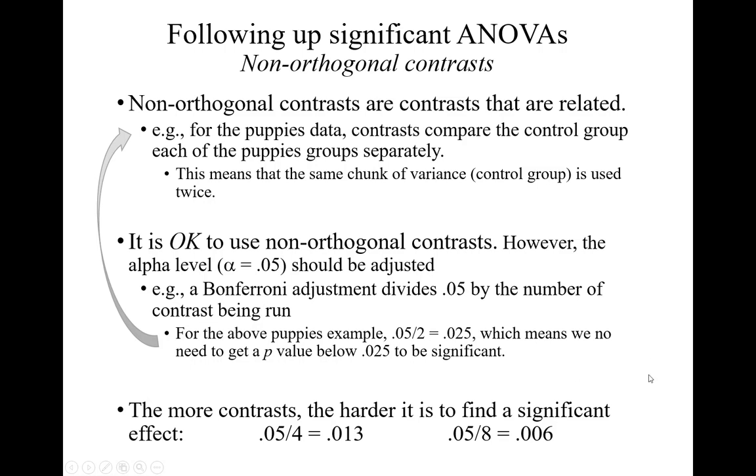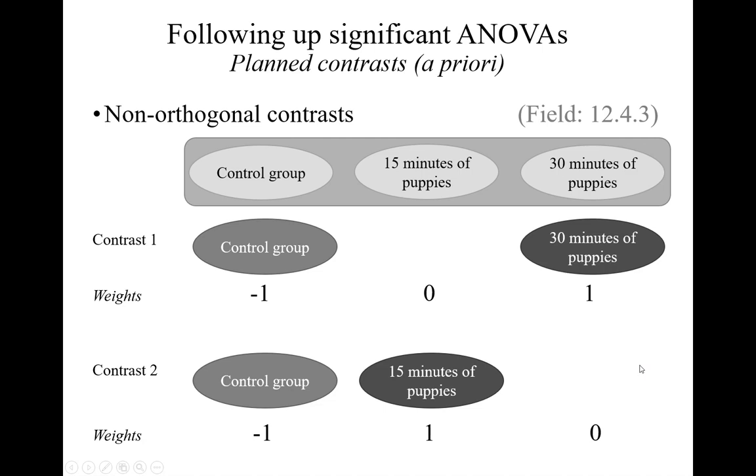That's controlling for our type 1 errors. Hopefully that makes sense. And that's what our non-orthogonal contrasts look like. So comparing the control group to 30 minutes, leaving out the 15 minutes, and then comparing the control group to 15 minutes, leaving out the 30 minutes. So SPSS won't make the adjustments, you have to make the adjustments yourself.